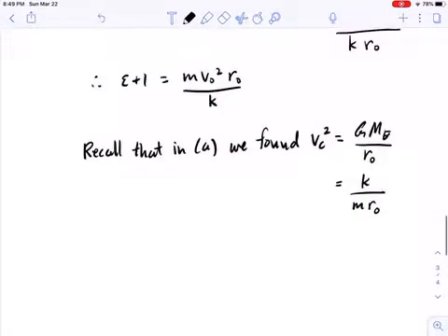That means r0 is equal to k over m vc squared, the speed of the circular orbit.